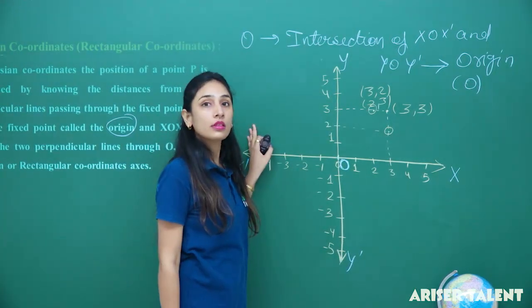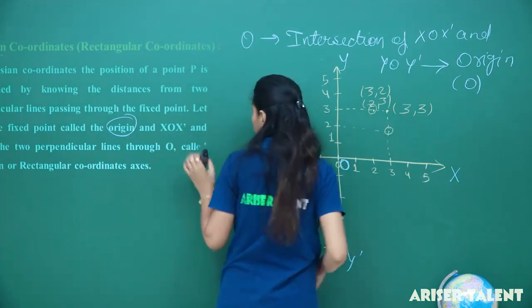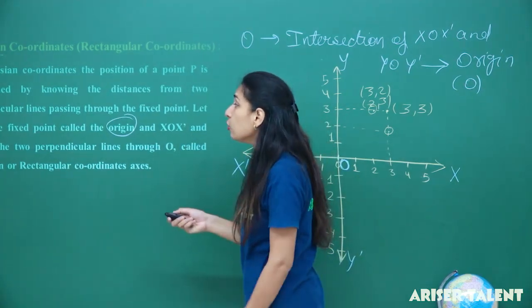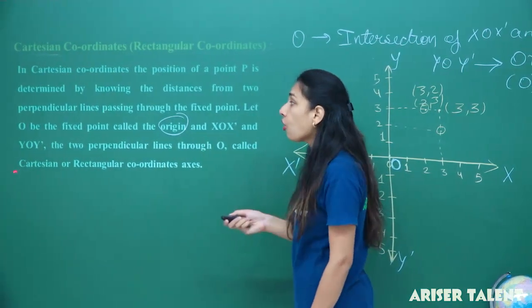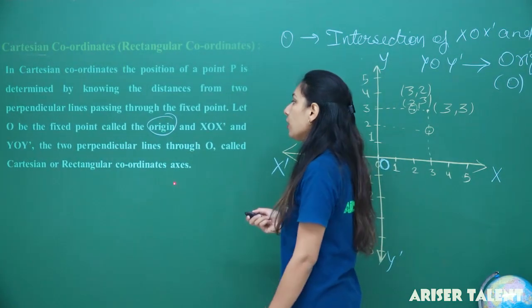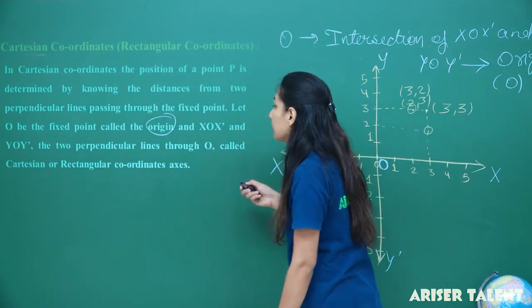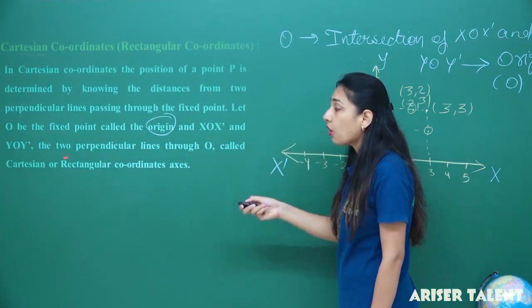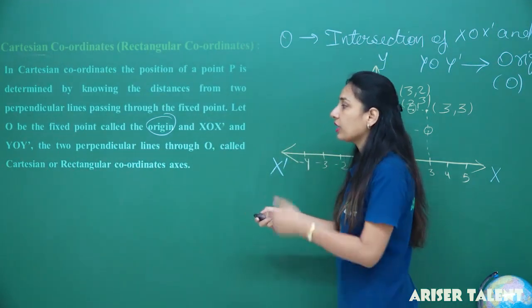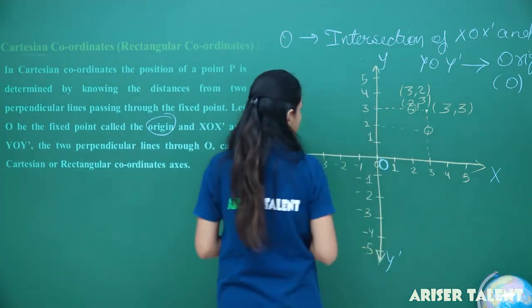Now, the two perpendicular lines through O are called Cartesian or rectangular coordinate axes.